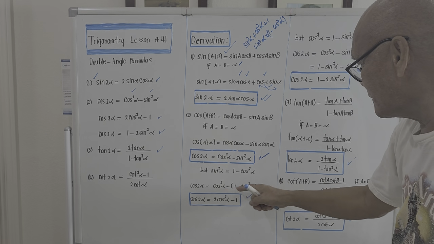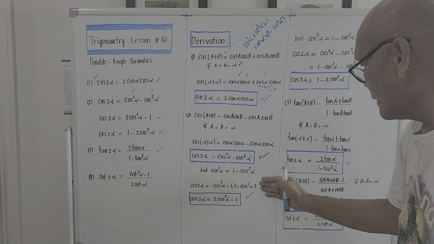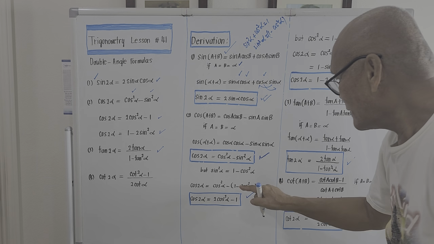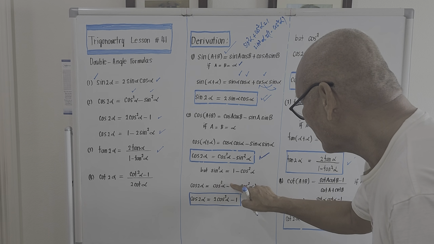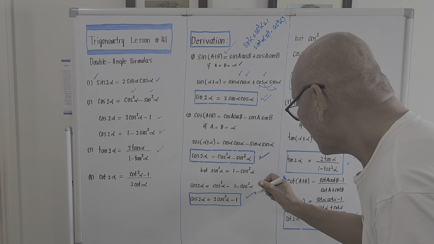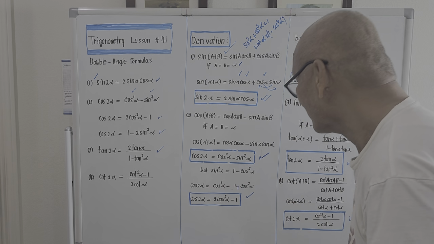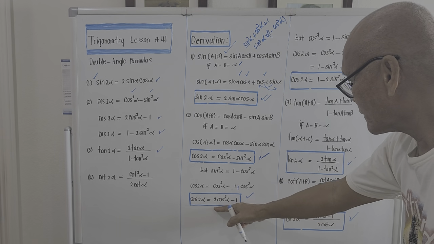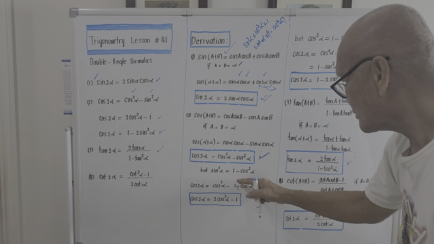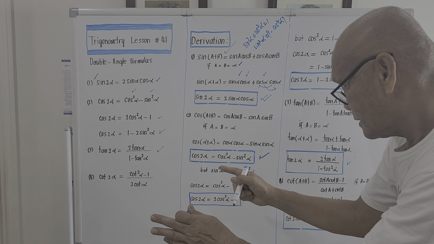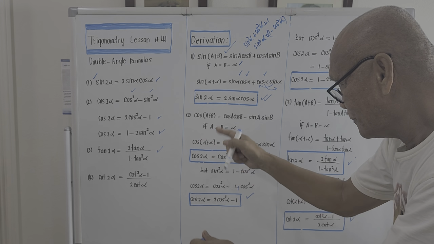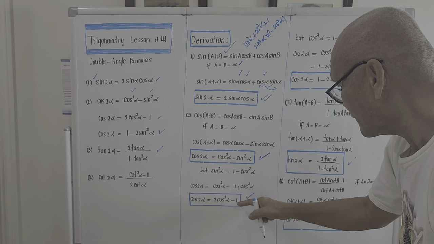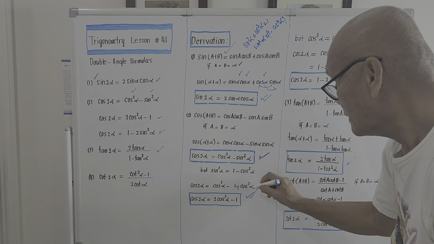This is a minus and a minus, so if we remove the quantity here, this becomes minus 1, and this should now be plus. So cosine square and cosine square will now be twice cosine square of alpha minus 1. So the third double angle formula is cosine of twice alpha equals 2 cosine square of alpha minus 1.